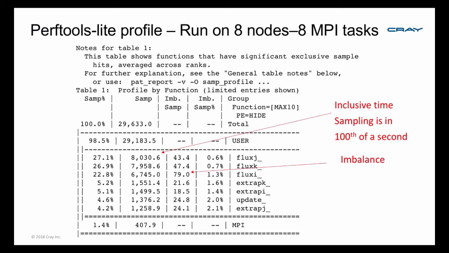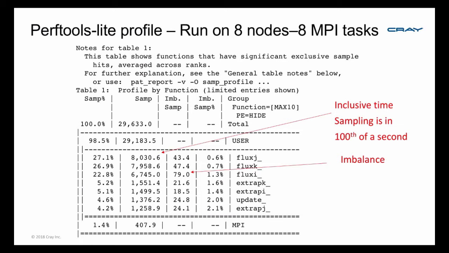Now, these are inclusive time. I'm sorry, these are exclusive times. Boy, I made a couple errors there. And the note on the table says the right time. So this is the time excluding routines that are called from it within the routine. I'll fix this before I send it out to you.